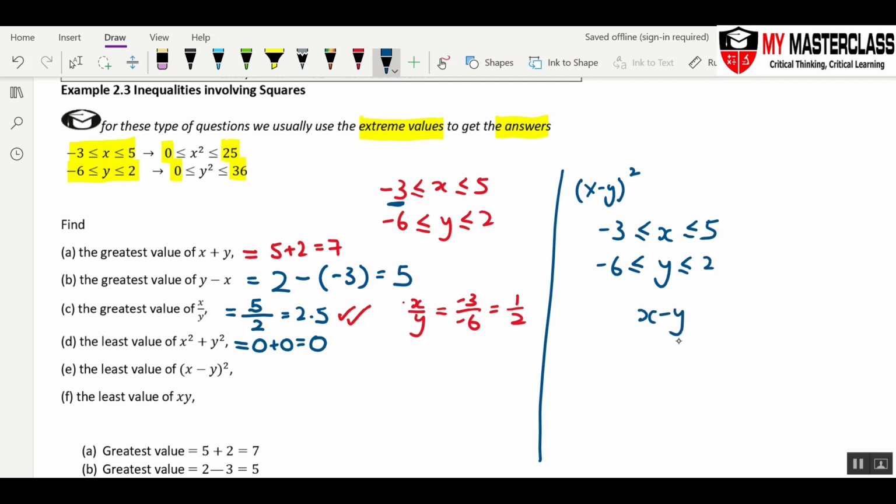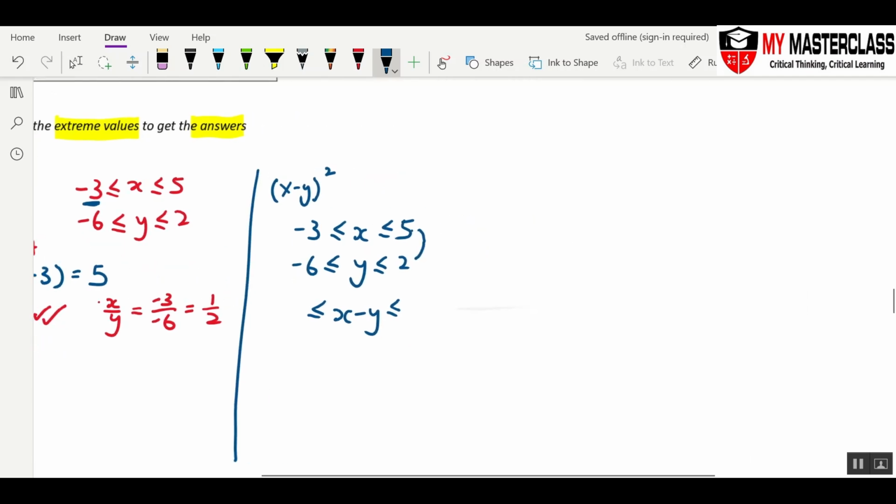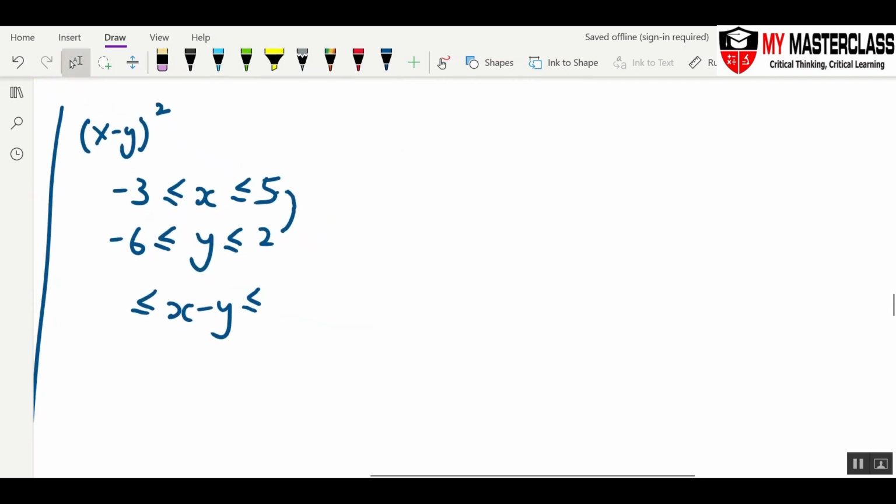What would x minus y be in between? So I look for a few combinations. 5 minus 2, that's going to be equal to 3. If I want the largest value of x minus y, usually we use the largest value of x minus the smallest value of y. That would be 5 minus -6.